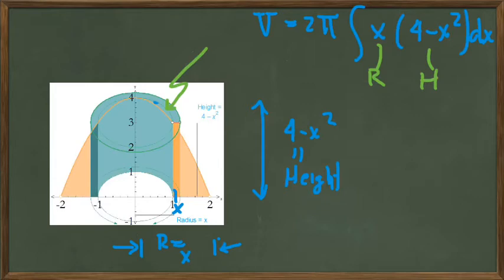Dx is its thickness. Remember that we are going to have cylindrical shells inside this green one that we've represented. So here I've drawn one that would be inside the green one.